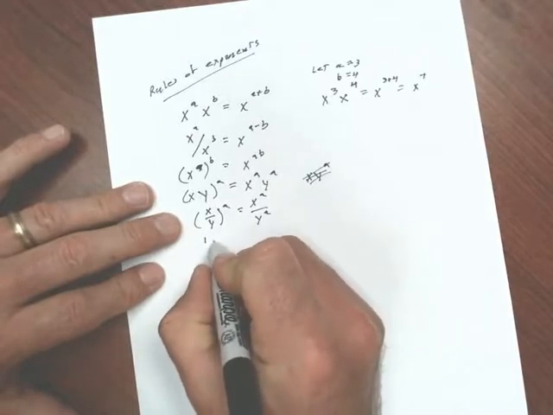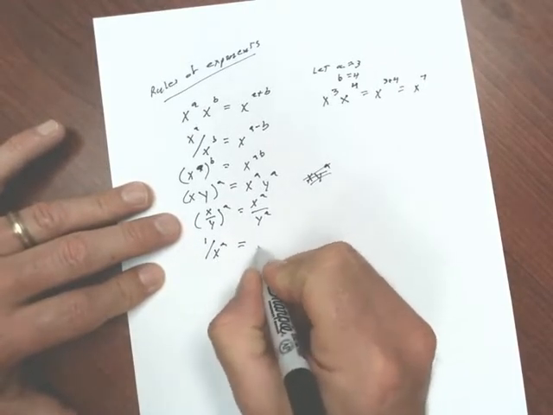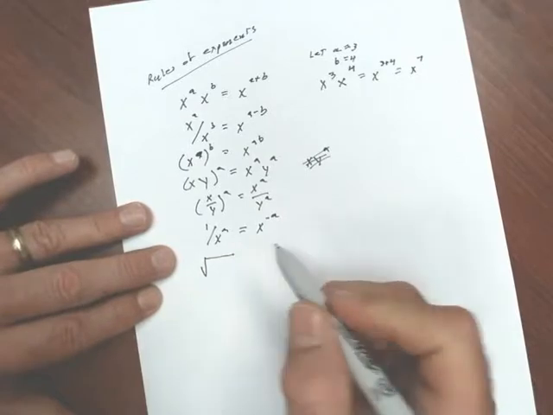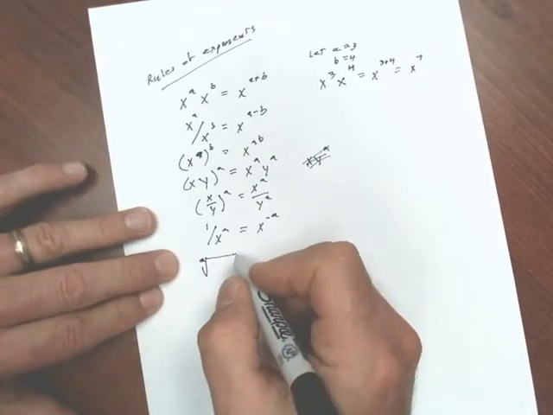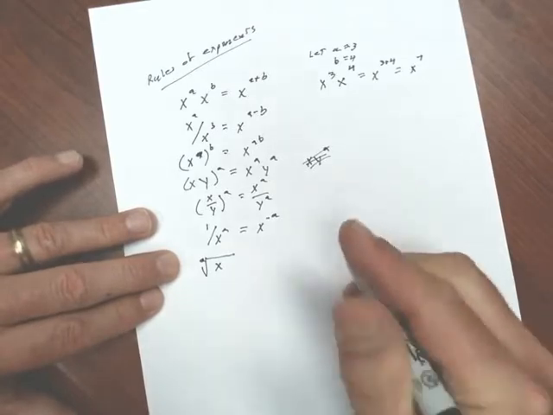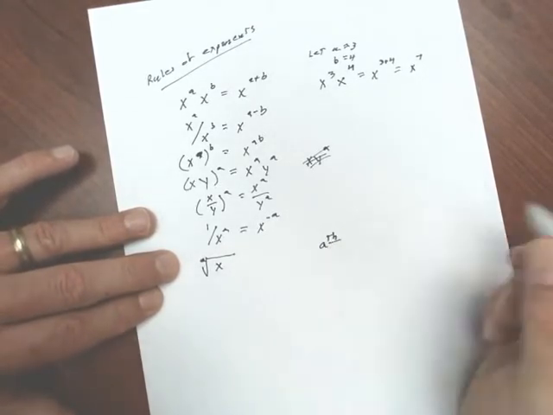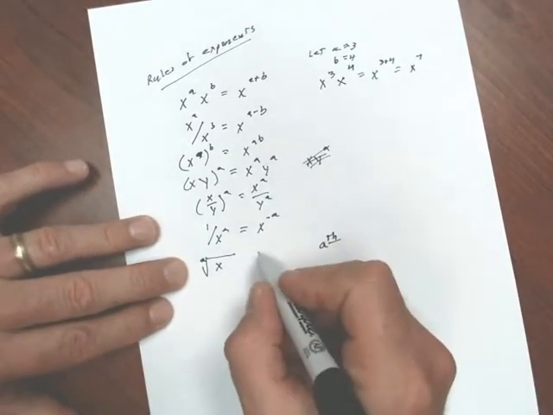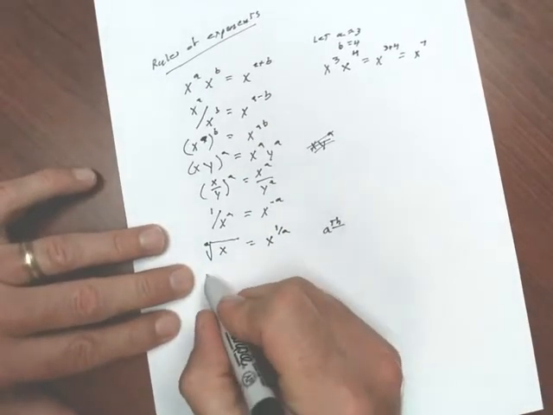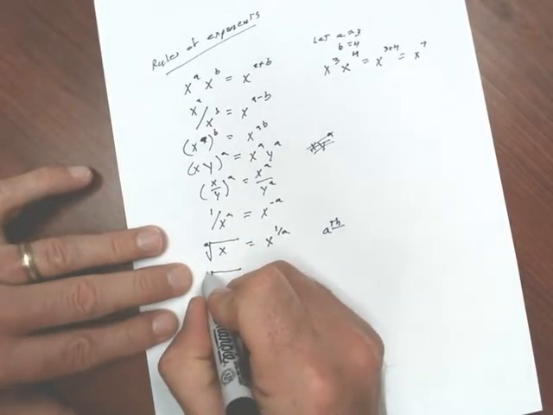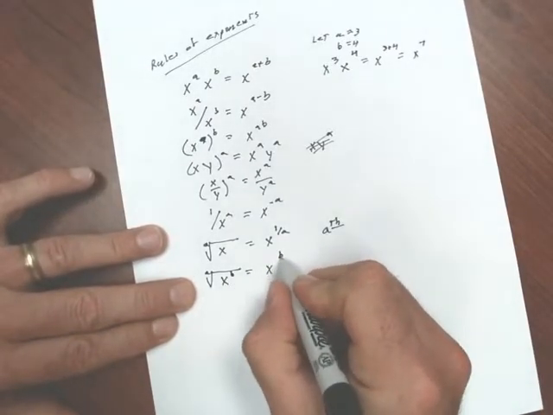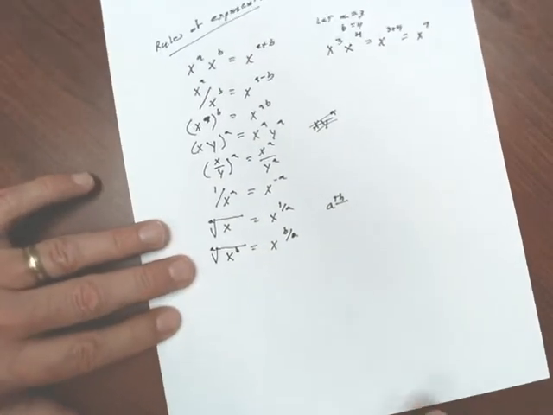Moving on, we have 1 over x^a equals x^(-a). The a-th root, not the number 8 but the a-th root of x, equals x^(1/a). The a-th root of x^b equals x^(b/a).